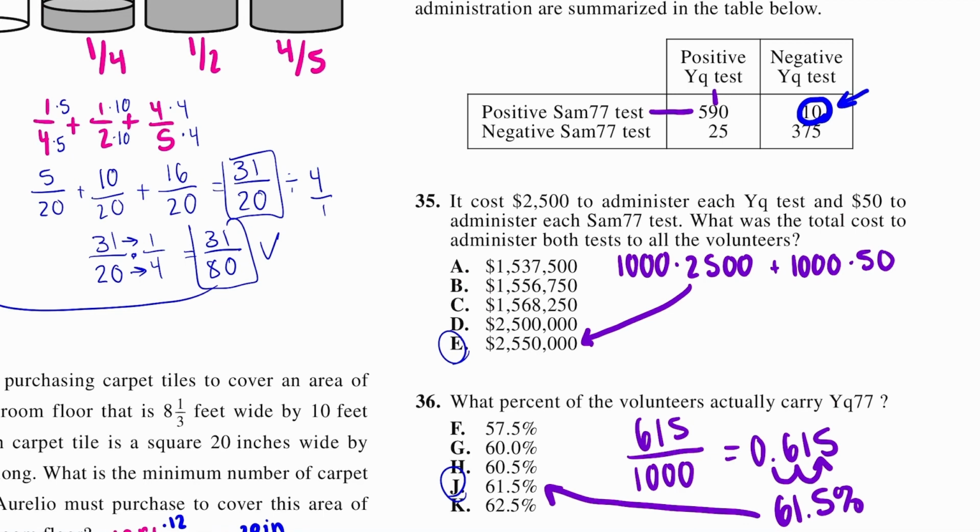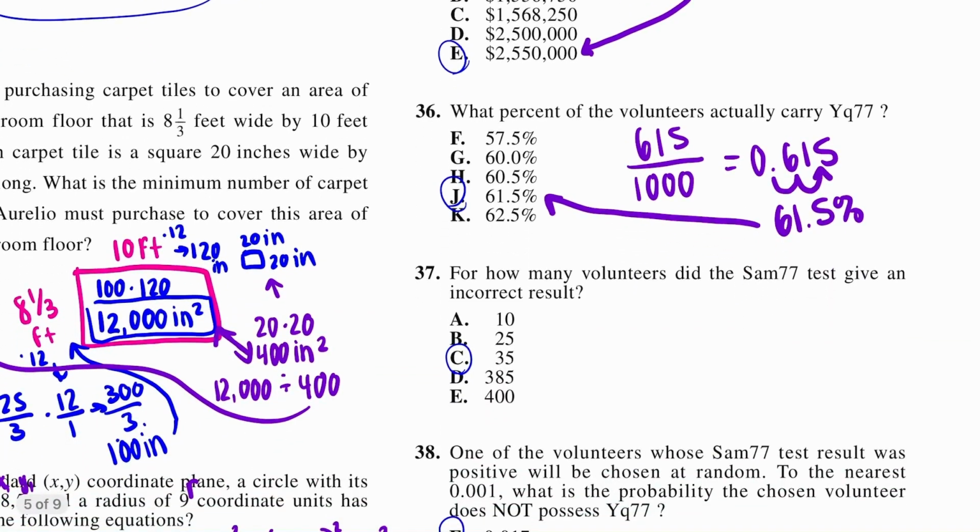So these people got false results. These people are good. Where else? Negative SAM77 test, negative YQ test. So these people are also good. So this 25 and the 10 are not good. So 25 plus 10 is 35. So 35 people got incorrect results, false positives or false negatives.